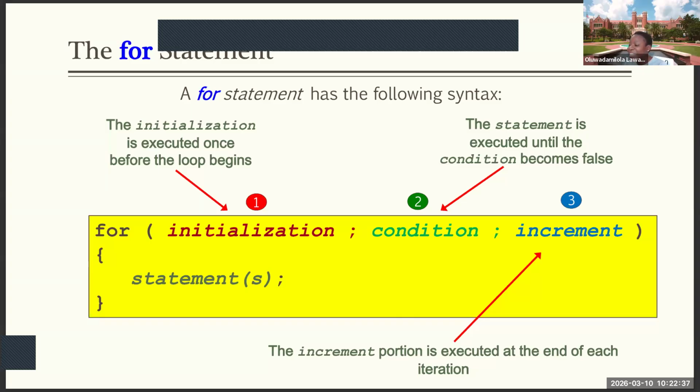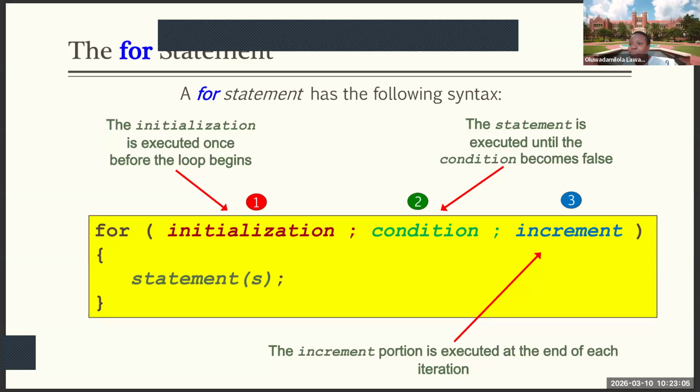When we know the exact number of times we are iterating, we know the number of times we are looping. We know the number of times we're driving around. I have to drive around 3 times before my baby sleeps.